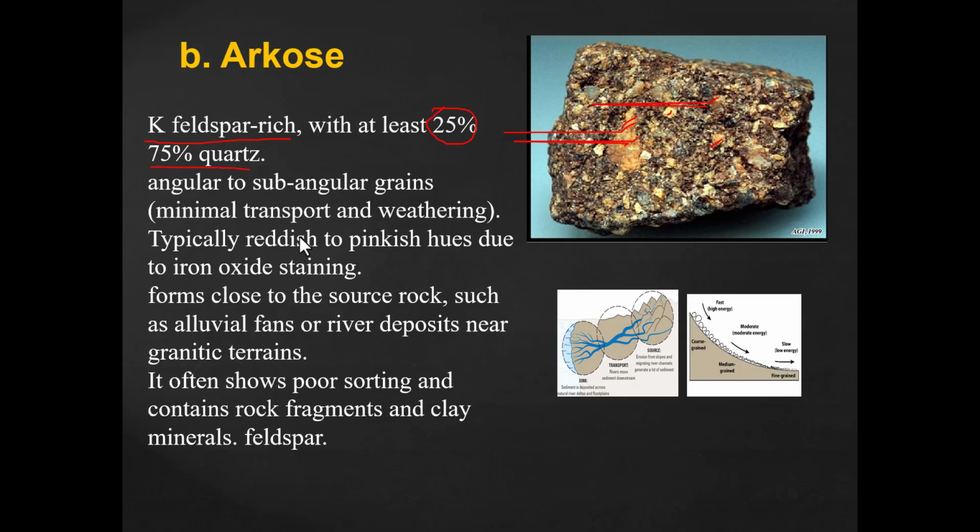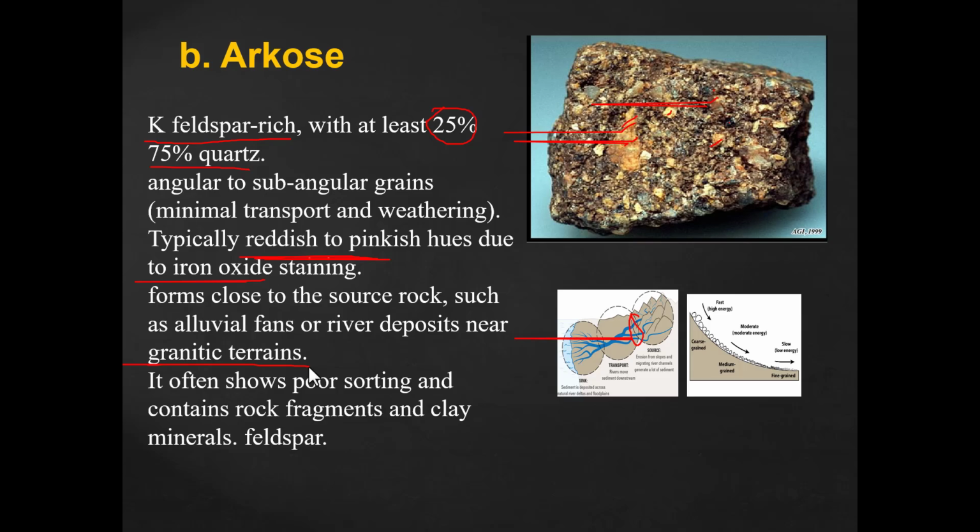The color of these rocks is typically reddish to pinkish because of the iron oxide staining. It usually forms pretty close to the source, so we're talking about this area, because the grains are angular. That shows you that it hasn't traveled too far away. And normally it will occur in granitic terrain as it starts eroding away.